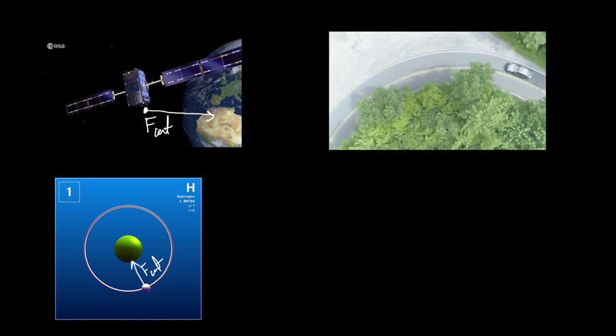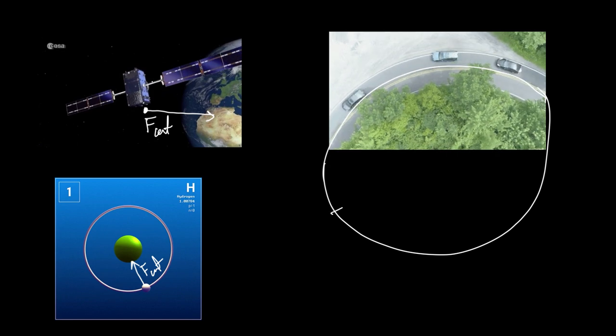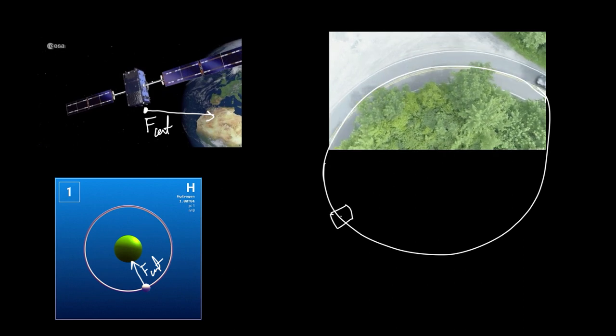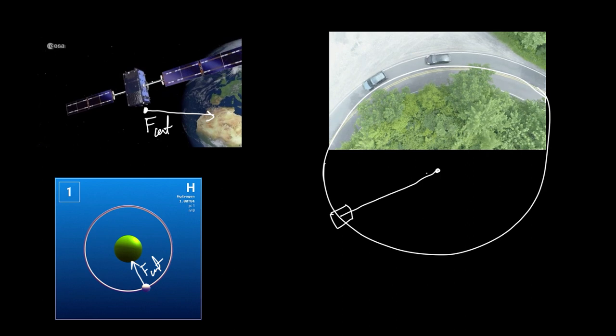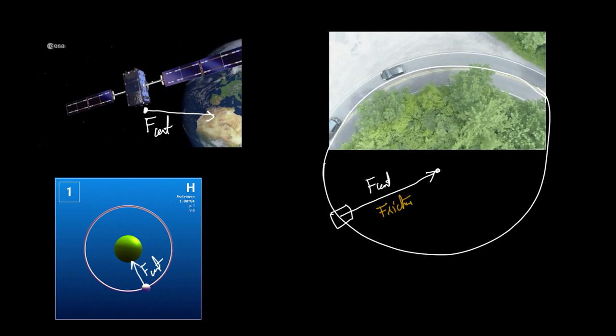When a car is moving in a circular path, if you consider this as a road, it simply means that it is part of a circular road, and therefore when the car reaches this position, there is definitely some centripetal force acting towards the center. Now all of these are F centripetal. But what is this centripetal force? In this case, it is the friction offered by the road.